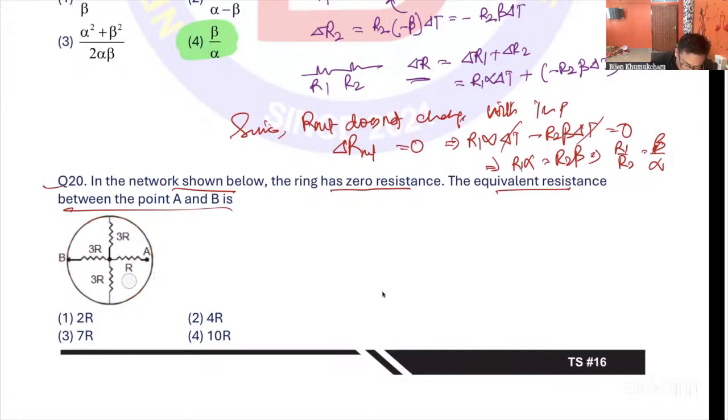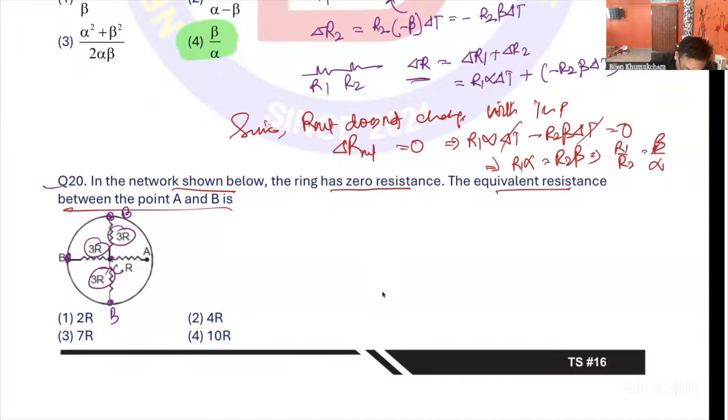Since there is no potential drop across these wires, if this point is B, this is also B, and this is C. Then the three 3R resistors are connected between C and B in parallel.